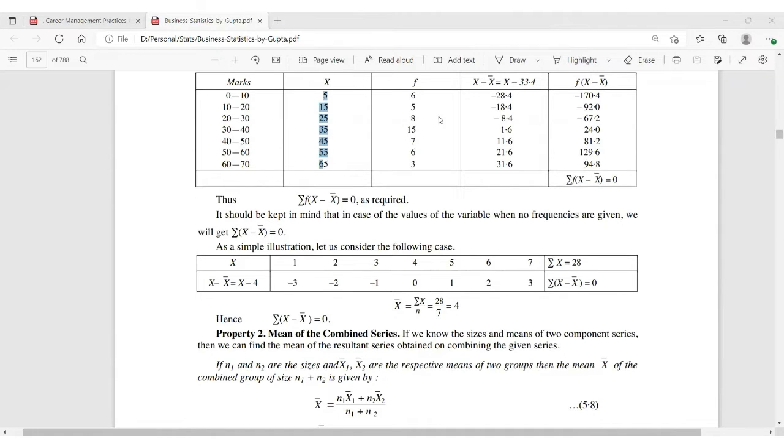By calculating, the value of mean comes to 33.4, right?